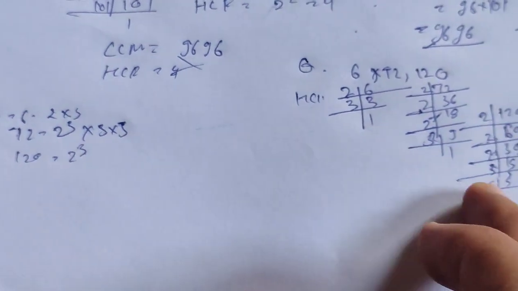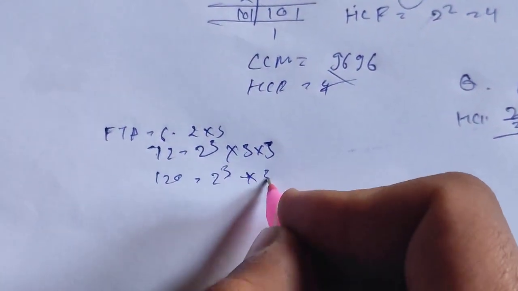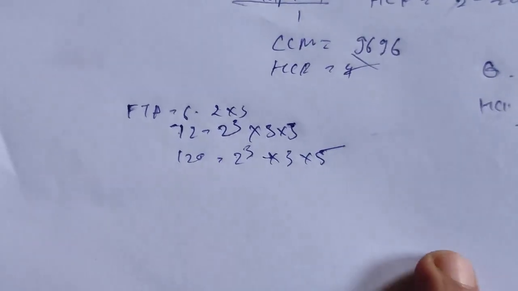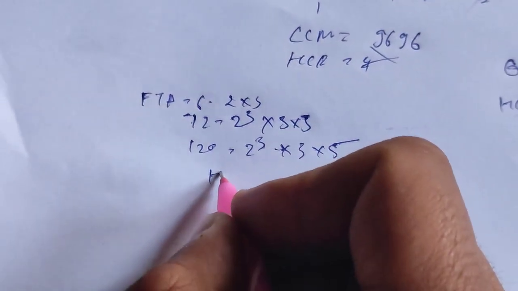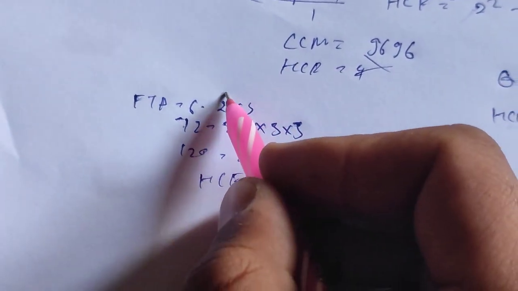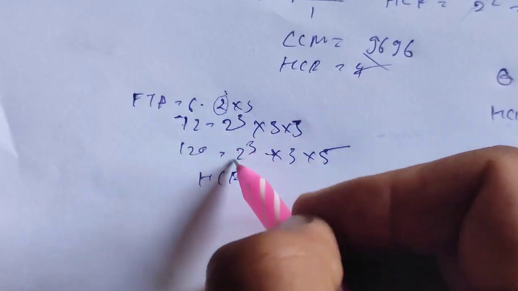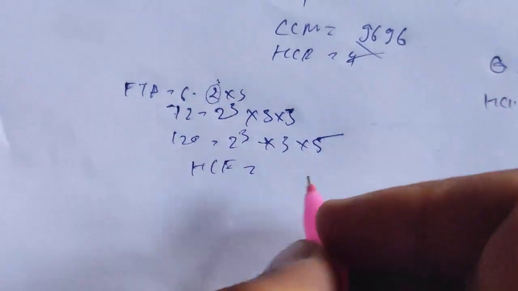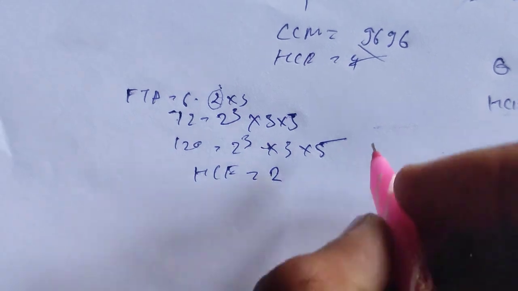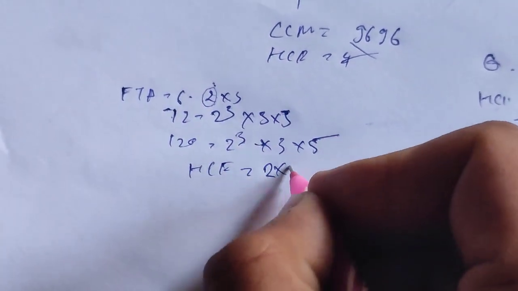According to that, the HCF will be the lowest power of the common factors. 2 is common in all, and the lowest power of 2 is 1, and 3 is also common with power 1.